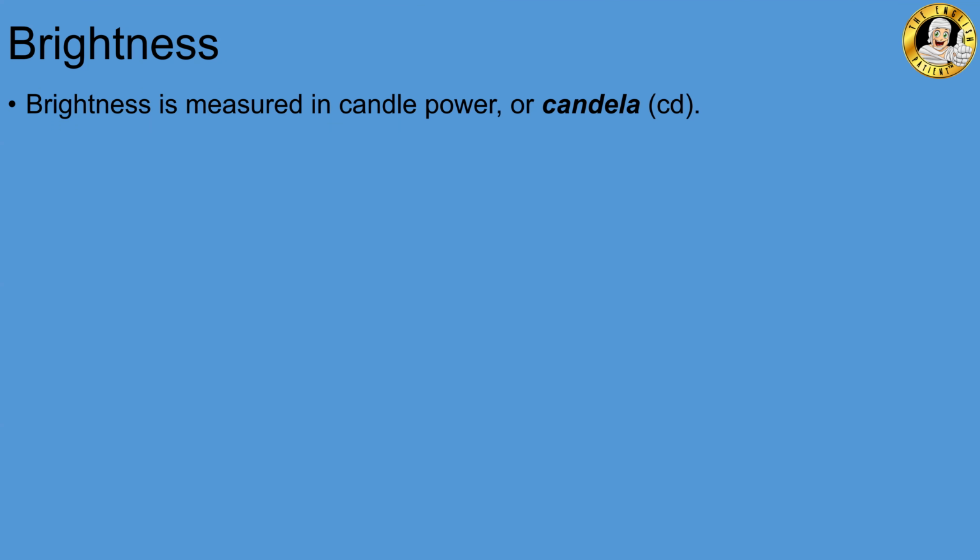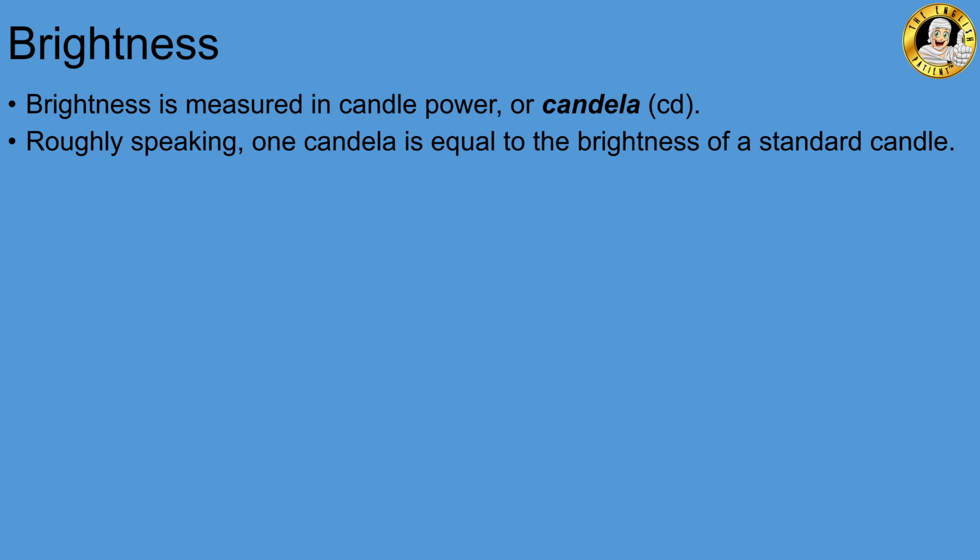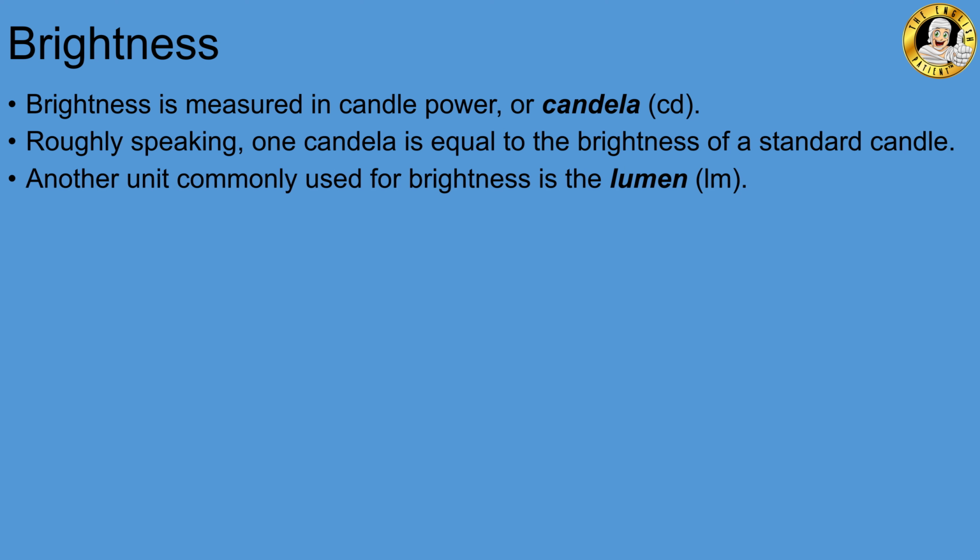Brightness is measured in candle power or candela. Roughly speaking, 1 candela is equal to the brightness of a standard candle. However, we also use another unit for brightness, and this is the lumen, small lm.